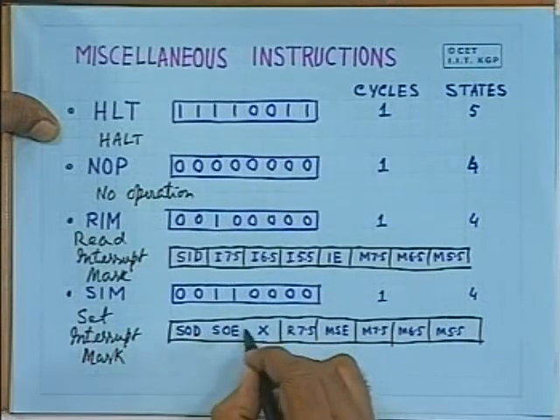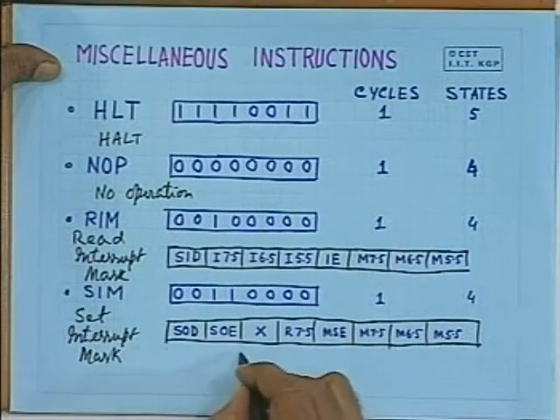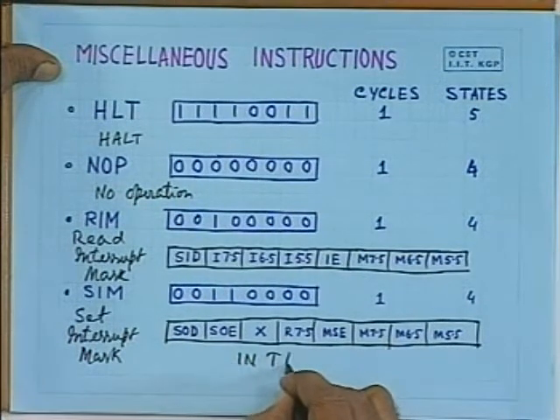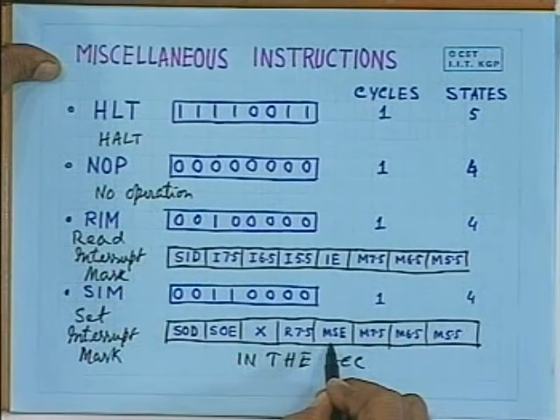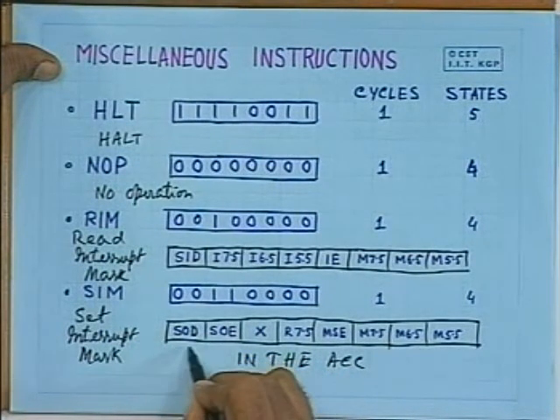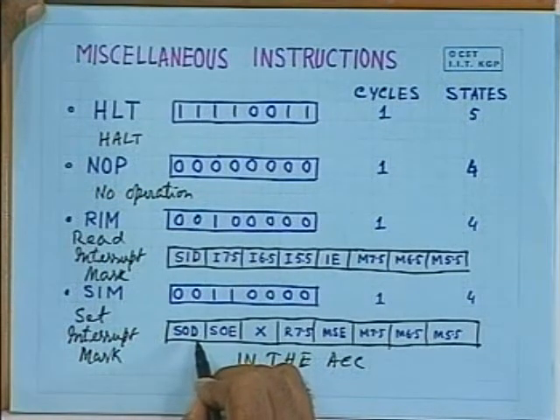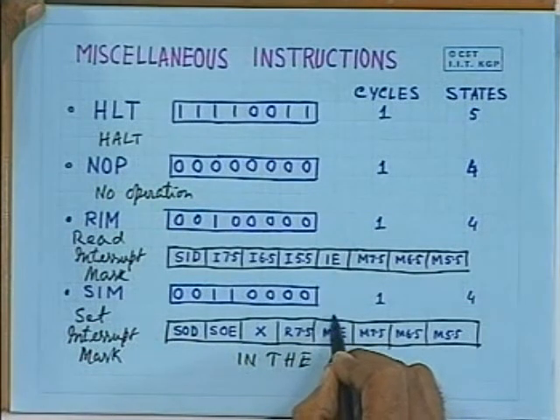Before you execute the SIM instruction, you have to load it. This code should be in the accumulator, and it is a dual purpose instruction. With the help of serial output enable, you can transfer some data on the output line, the SOD line, and also you can set the mask bit by putting this bit here.